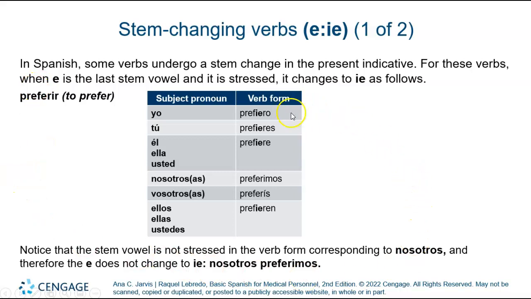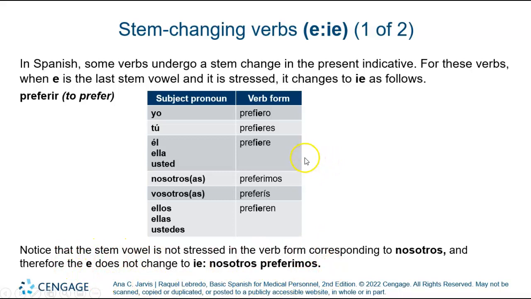You can just say everywhere except nosotros and vosotros. And you know we don't use vosotros a lot, it's particular to Spain. So mostly you want to remember: do not stem change in nosotros. You'll see that second E remained, it did not turn to an IE. And that's a little note down at the bottom about what I just said.